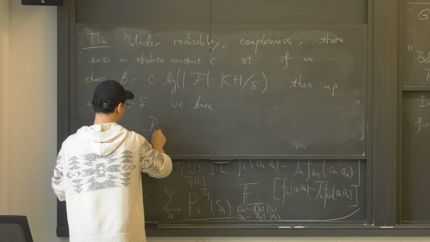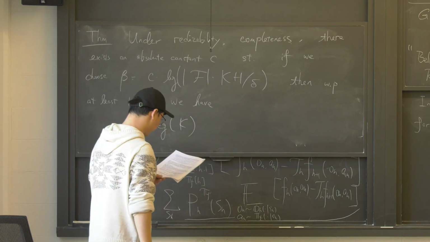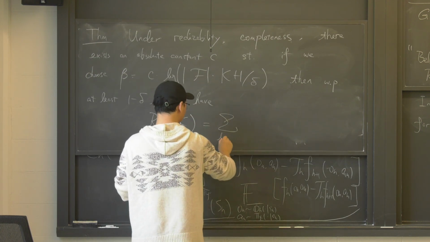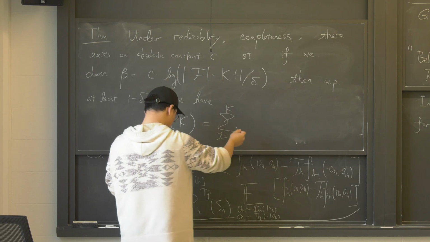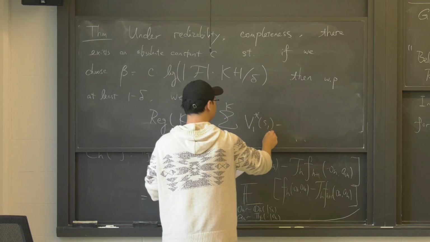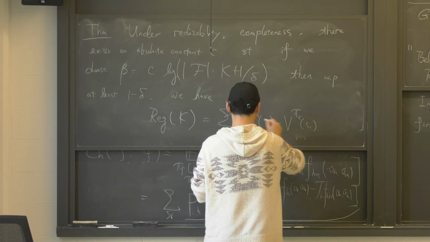That is the regret up to capital K iterations, which is a summation over k from 1 to capital K of the optimal value starting from s_1 subtracted by the value of policy pi^k at s_1.